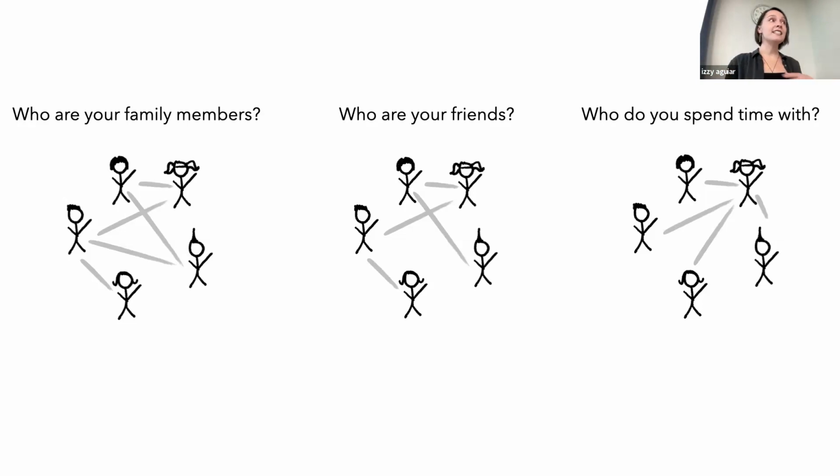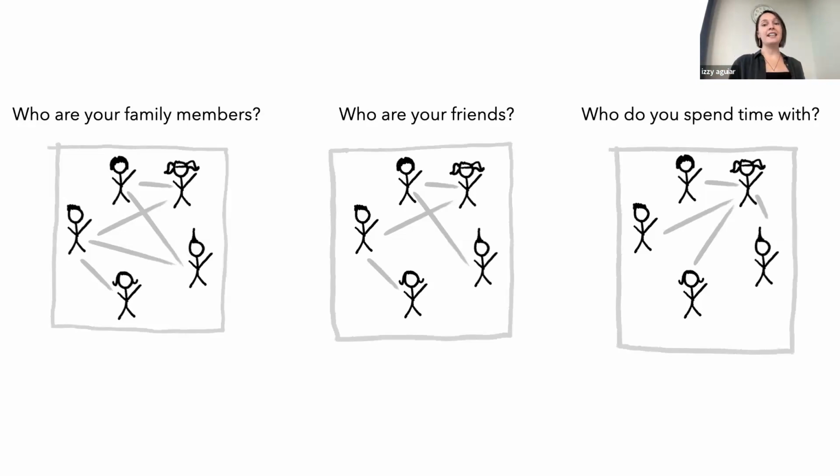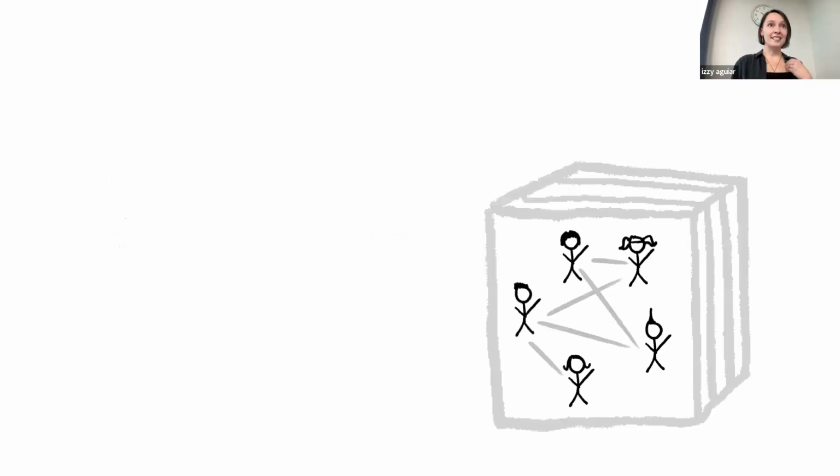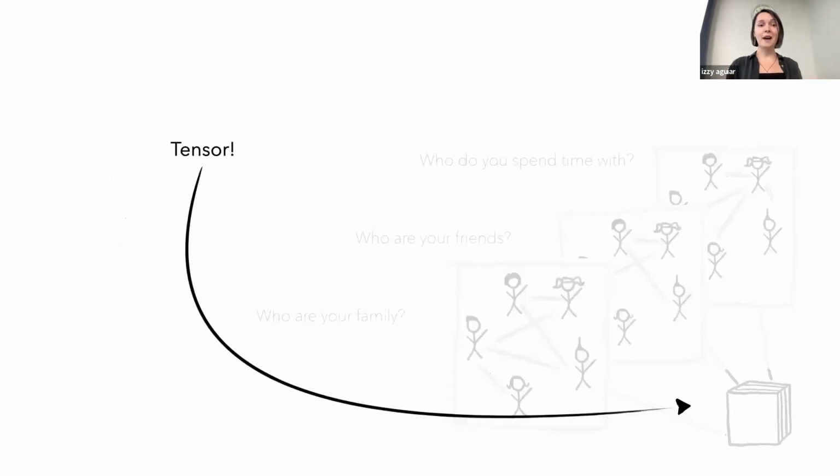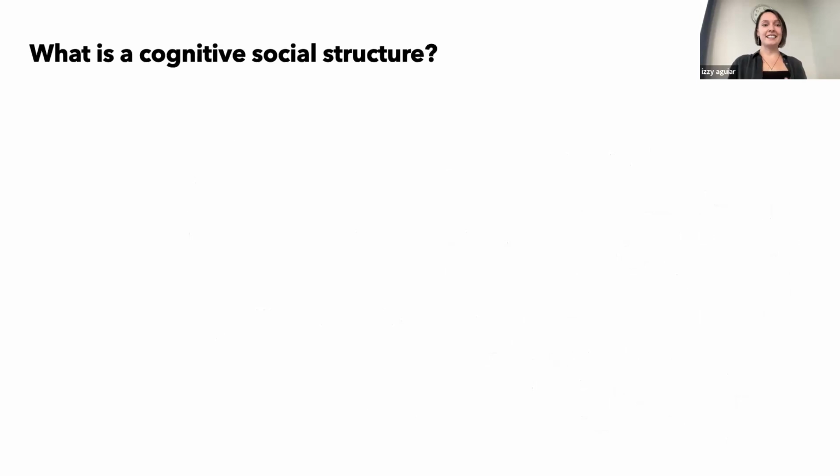If we view each of these as an individual social network with its own adjacency matrix, then we can stack all of these adjacency matrices up together, and we can view this as a multi-layer network now, where each layer of the network corresponds to a different way that nodes are related to one another. So in this example, these are the different ways that we can break up this connected to one another. Conveniently, we can also view this as a tensor, an adjacency tensor instead of an adjacency matrix.